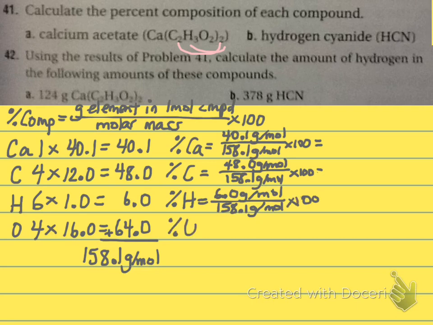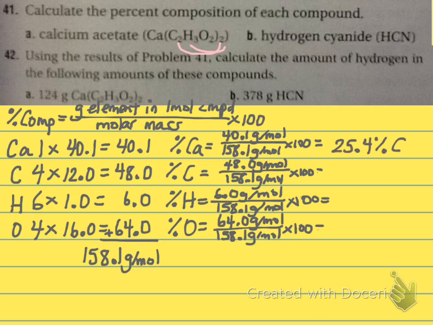And then for the percent of oxygen, it's the 64 grams per mole divided by the 158.1 grams per mole times 100. So that's why it's nice to leave your work for these, because those are the numbers that you need. So doing this math, and because I've used 3 significant figures consistently, we'll just use 1 decimal place. This is one of those ones where significant figures is kind of weird. So this is going to be 25.4% calcium.